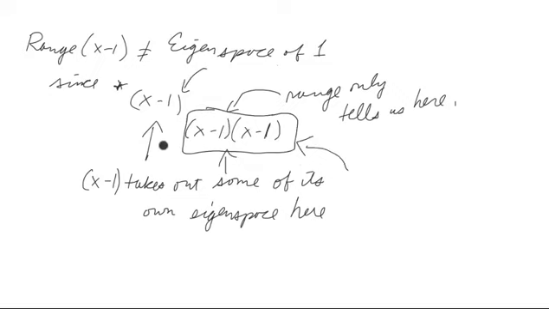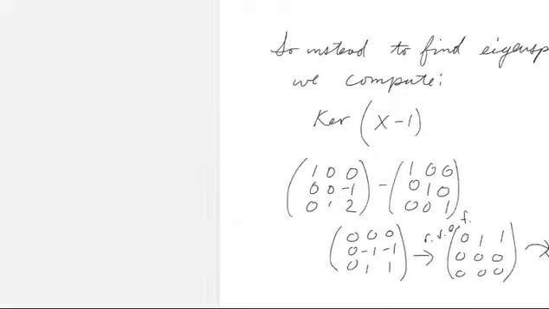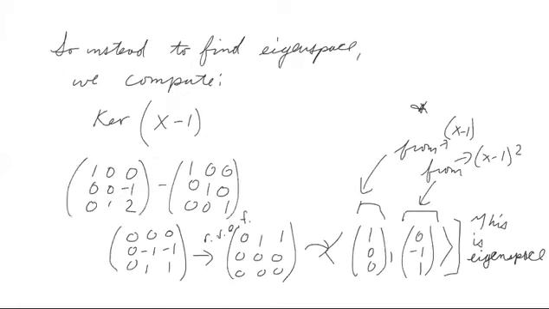And so the eigenspace is actually split into 2 different locations. So the range of x minus 1 actually gives us part of it, but not the whole thing. Okay, so instead of dealing with ranges, you can always look at the kernel.